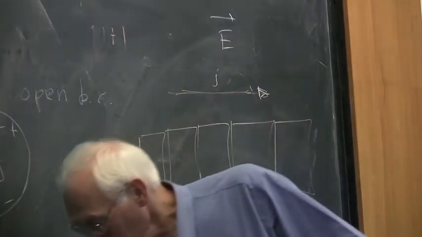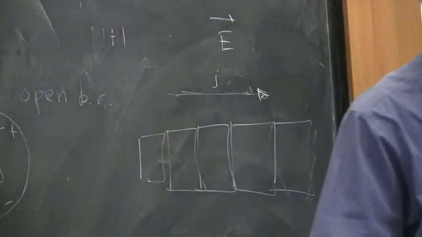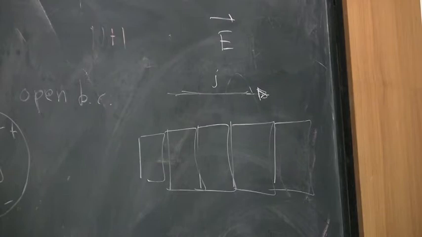You can see that it's really hard to look at the density and see what the current is. It's impossible. I think that's a true statement. And actually you can see why it's impossible. Think of a homogeneous system. Can you look at the density and say whether there's current flowing or not?